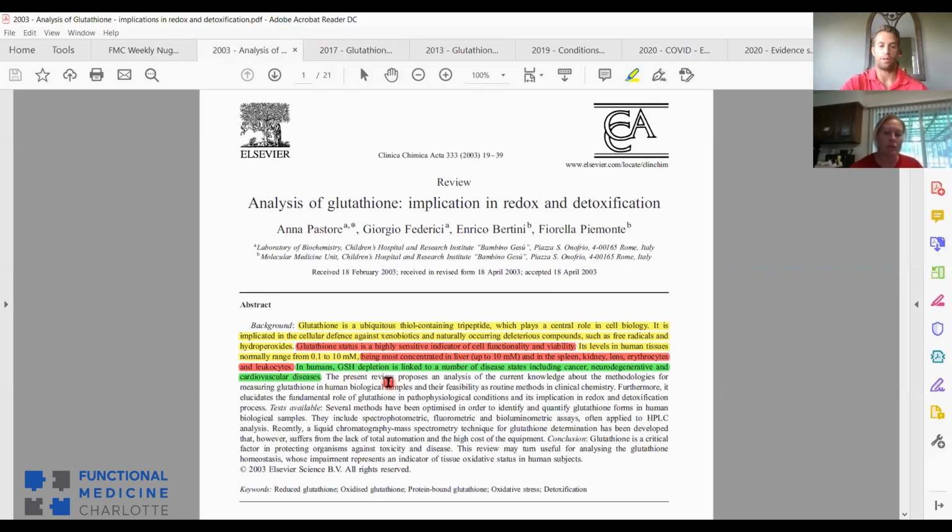In humans, glutathione depletion is linked to a number of diseases, including cancer, neurodegenerative diseases, as we'll get into, and cardiovascular disease. And you're also going to find that the immune system doesn't function well without it, especially your antiviral, antibacterial, anti-infection arm of the immune system, which is called the Th1 arm of the immune system.